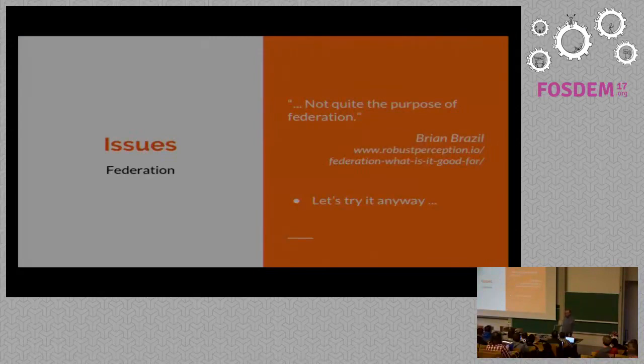Two weeks ago I read a blog post by Brian who told me, no, this is not the purpose of federation. One should do aggregation and minimize data when doing federation, for example pulling only relevant metrics out of another instance of Prometheus. Pulling all those metrics could cause, for example, race conditions or something like that.